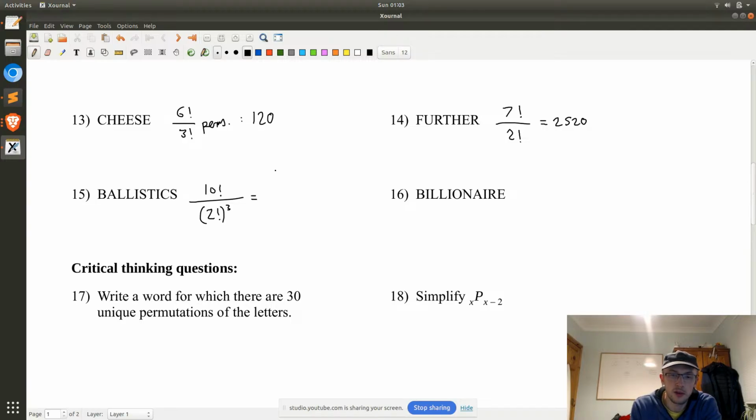Now the factorials go 1, 2, 6, 24, 120, 720, 5040, 40,320, 362,880, 3,628,800. And dividing that by 4, we get 907,200.